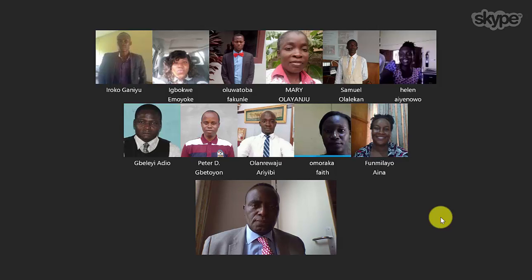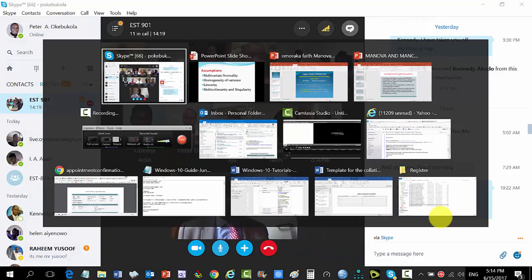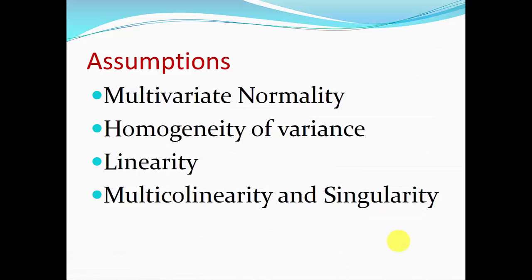Under linearity, it is assumed that a linear relationship between all pairs of dependent variables exists. Then we have multicollinearity and singularity. Multicollinearity shows a high relationship between pairs of variables. While singularity is when a variable is redundant, that is, it is a combination of two or more of the other variables.